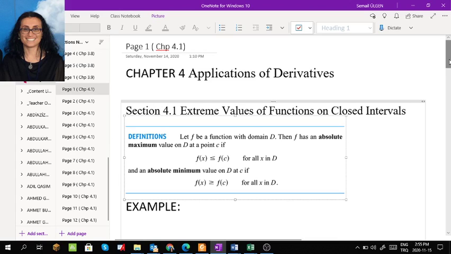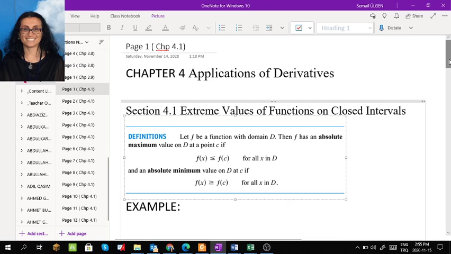If you consider a function and its graph, you will see that if you look at the whole domain of the function, at some points the function takes the biggest value. It's the biggest of all the values it can take, and we call it the absolute maximum value on the domain D at a point c.